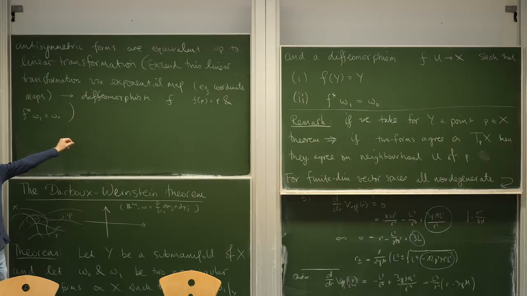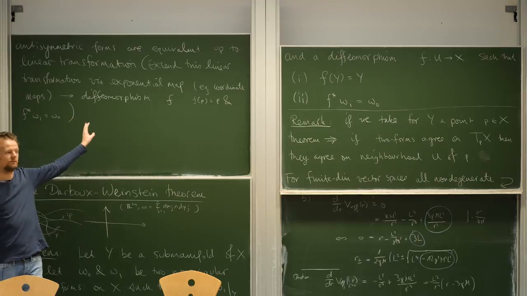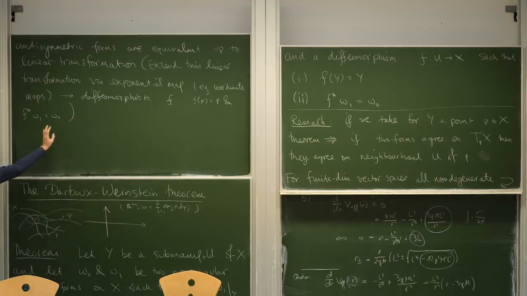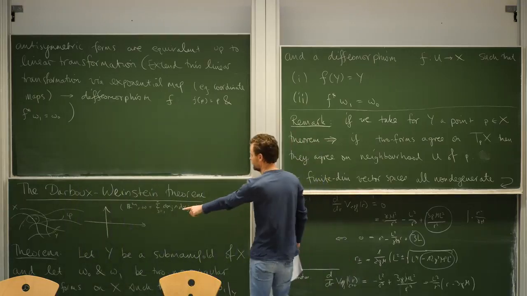All right, so that's how this Darboux-Weinstein theorem can be seen as a generalization of the result that I quoted earlier in the course about symplectic manifolds looking locally just like this model space R2n.